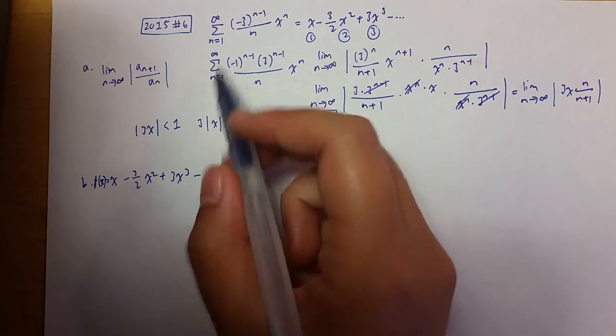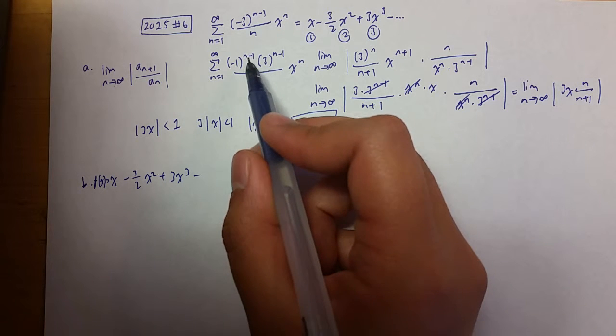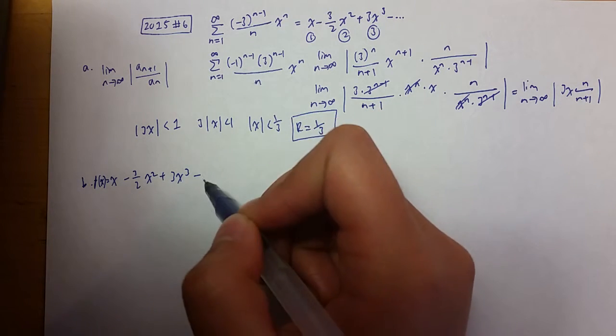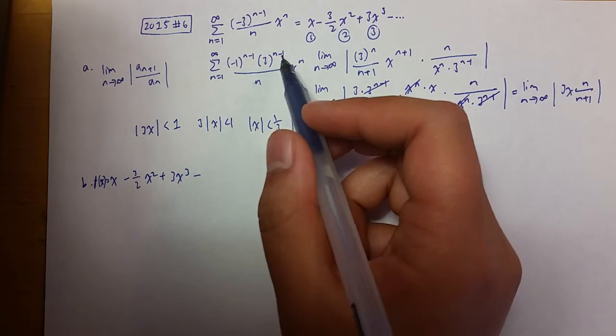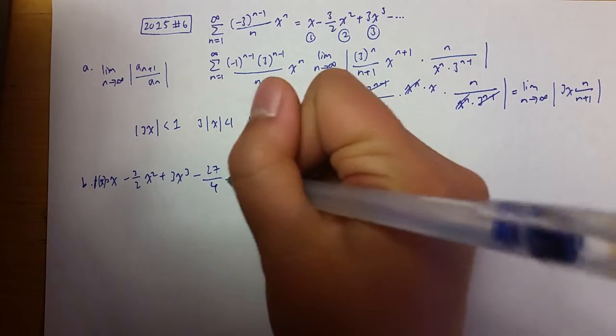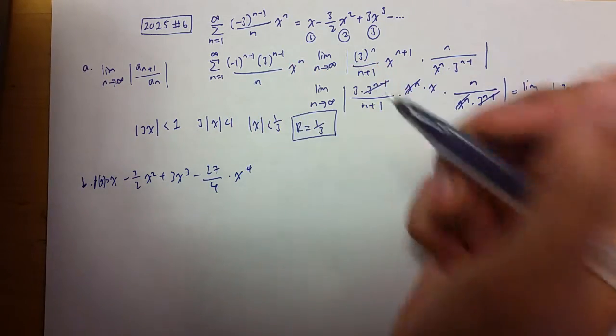So it's when n equals 4, right? So 4 minus 1 is 3, -1 to the 3rd power is still negative. 3 cubed is 27 over n, which is 4, times x to the 4th.